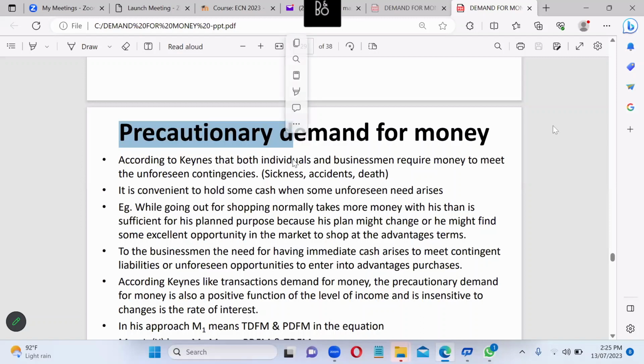According to Keynes, both individuals and businessmen require money to meet unforeseen conditions like sickness, accident, death. For these concepts also, we are using money for transactions.